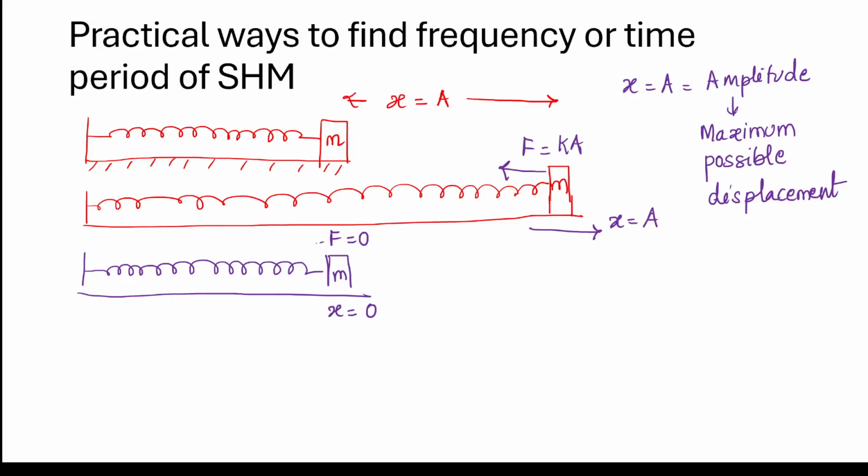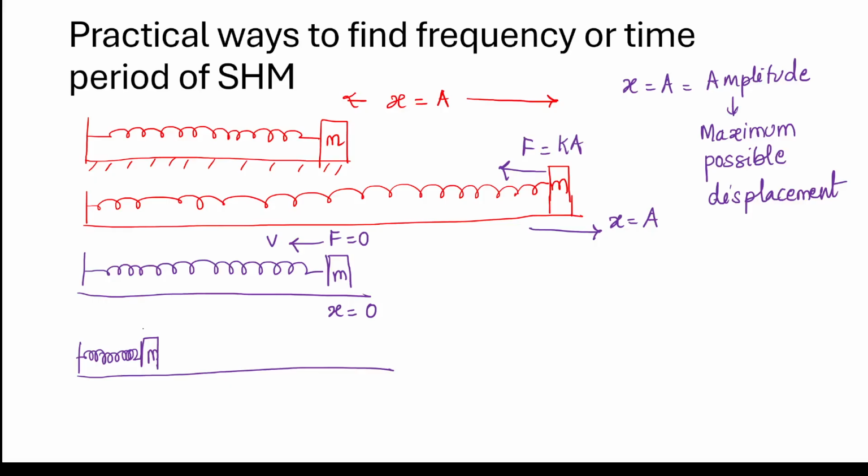But it'll still have a velocity, because it is moving in this direction. So because of that velocity, now your spring would compress. Okay, let's say it comes to this position. So M has compressed the spring because of this velocity.